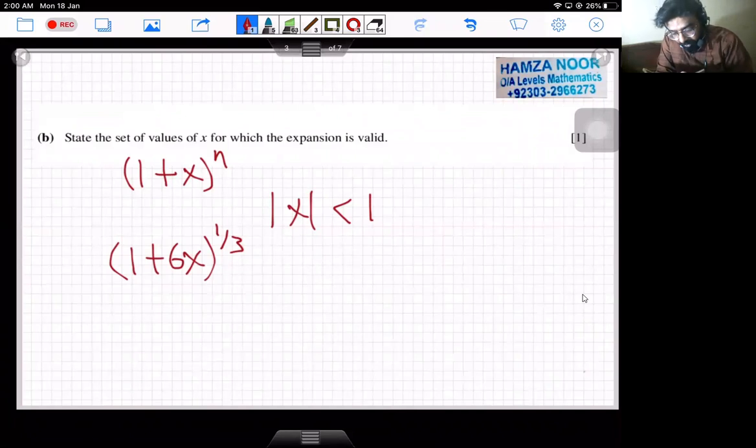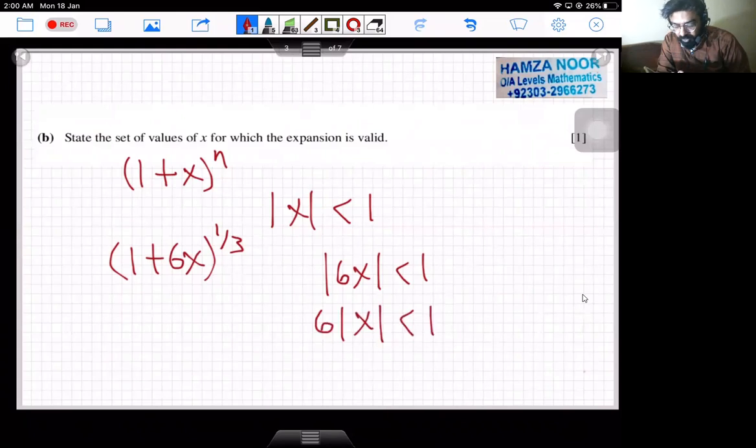If this was not 1, we would have made it 1 by taking the term common outside and factorizing the second term. Whatever the second term was, the modulus function would be kept on that, and that would be kept less than 1. As simple as that. So in this case, modulus of 6x is less than 1, and 6 can be taken as a constant outside. So modulus of x is less than 1 over 6.